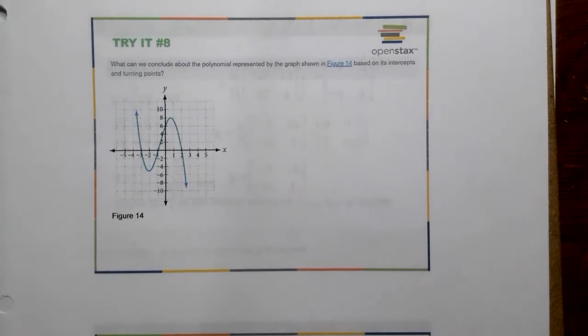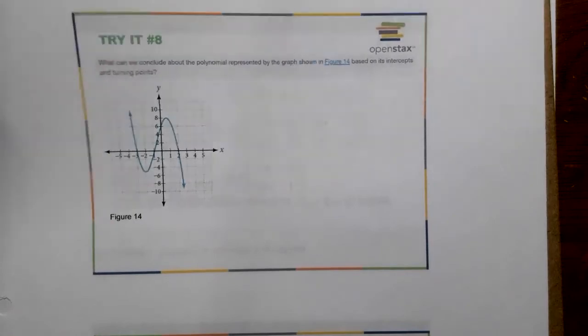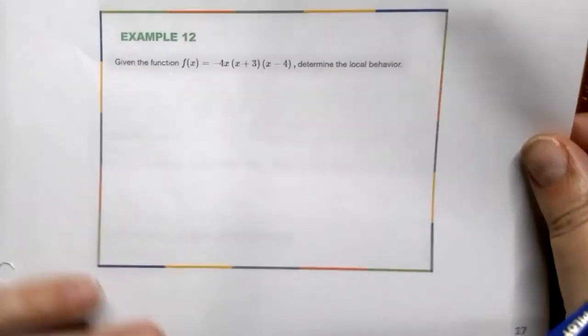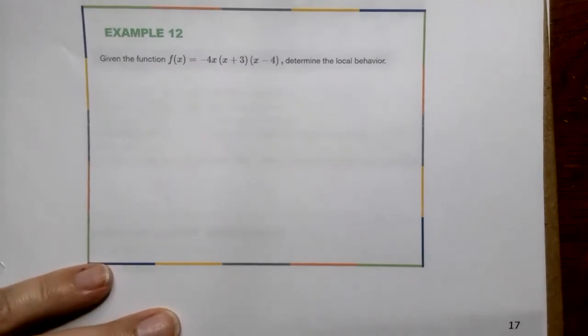What is the possible degree of this polynomial function? And again, pause here if you have to, and we are going to continue. This is the last type of example in this video. Given the function f of x is negative 4x times the quantity x plus 3 times the quantity x minus 4. Determine the local behavior.